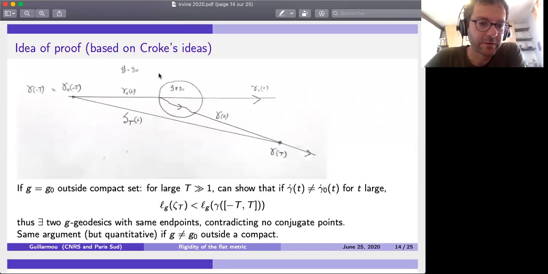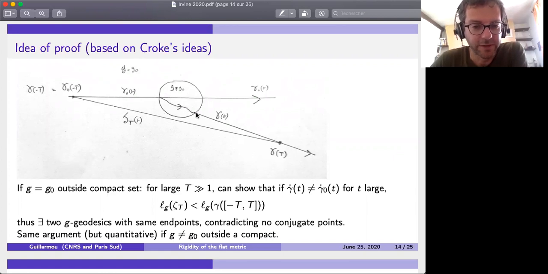So let me explain a bit the idea of the proof, which is based on Croke's argument. I will do the case where G equals G0 outside a compact set. G0, remember, is the Euclidean metric. So I take a Euclidean geodesic gamma 0 of t, which crosses this perturbation here. The G geodesic, when it enters the perturbation, is distorted, it starts to change.